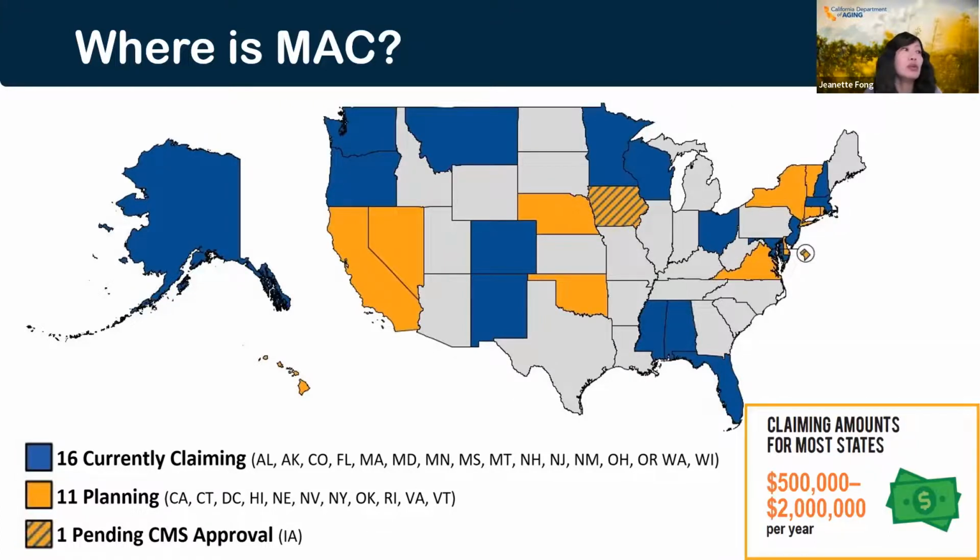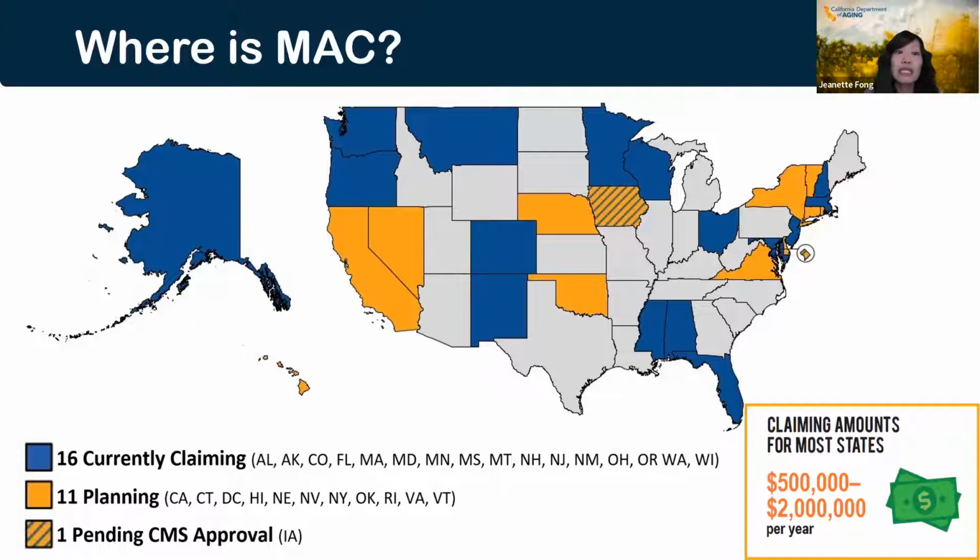Just so you know, MAC for ADRCs is really nothing new. Although this will be new for California, many other states have actually already implemented MAC. This map is a little bit outdated, and it shows Iowa is still pending federal approval for its MAC program. But Iowa was actually the most recent state to be approved by the feds just about 9 months ago.